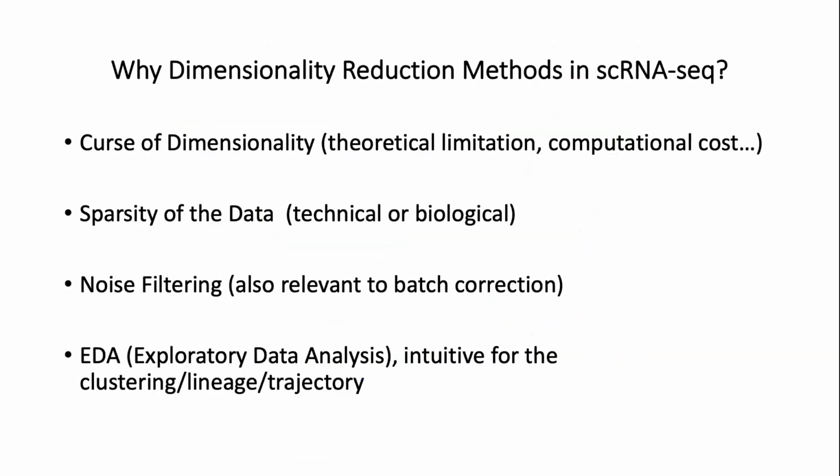So of course, first of all, I still want to provide some basic motivations for why we need to do dimensionality reduction. If we want a short answer, it is called the curse of dimensionality, right? We don't like high dimensional data. For example, after you do the alignment, you have a cell by gene matrix.